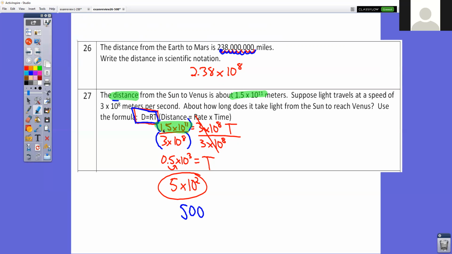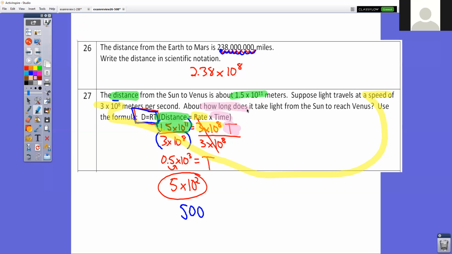Notice that I substituted that in where distance is in the formula. It says that the speed or the rate is 3 times 10 to the 8th. Notice that I put that in where the rate goes. You're looking for the time.